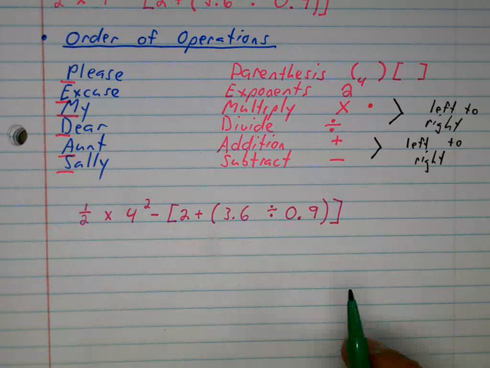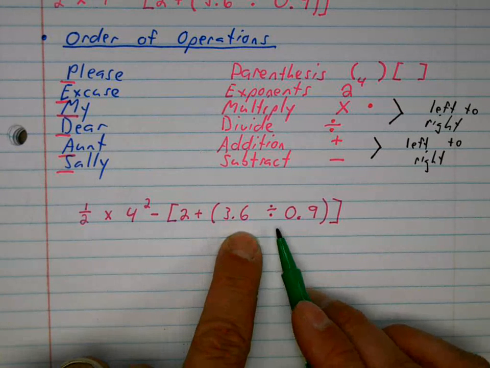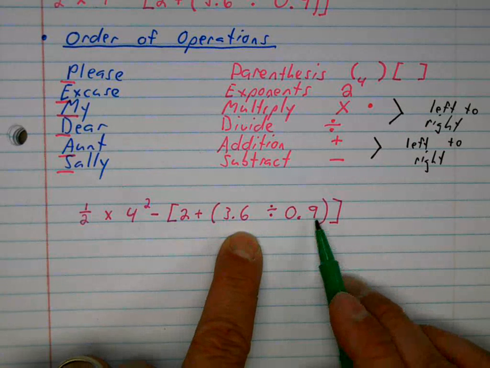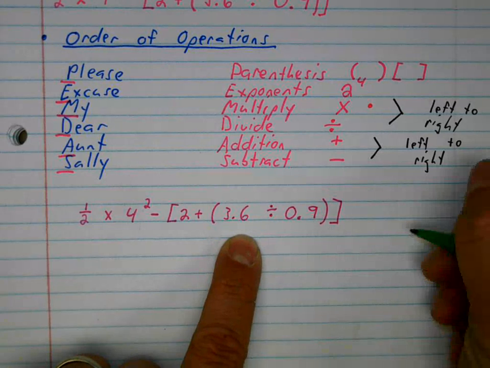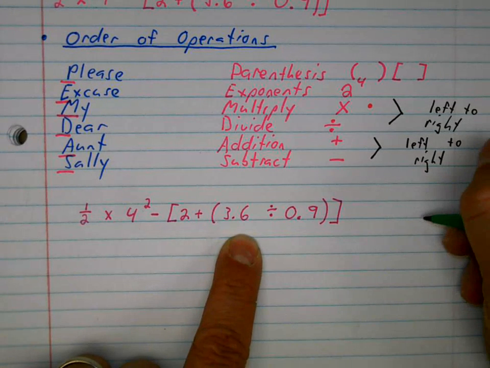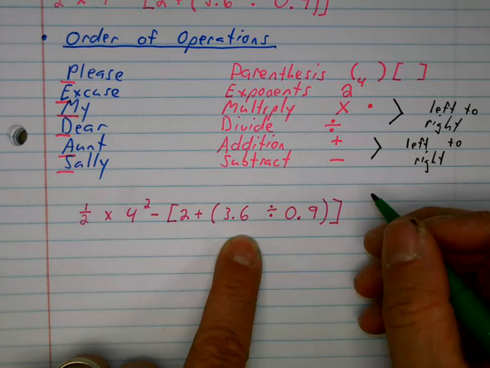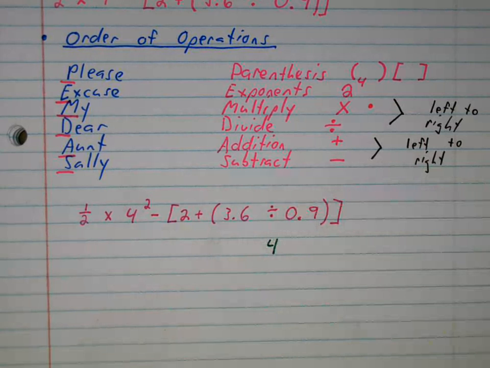So I have 3 6/10 divided by 0 9/10. I'm going to go ahead and solve that on the side. At least that's what you're going to do. 3 6/10 divided by 0 9/10. When I do that, I get an answer of 4.